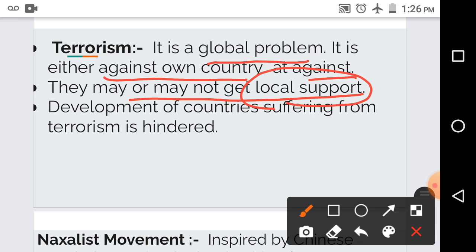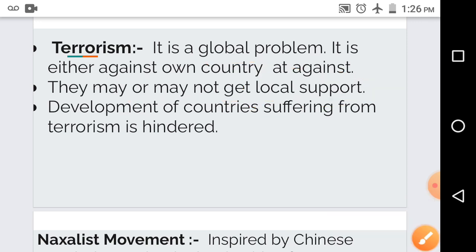Development of countries is suffering because of terrorism. Hence, these two problems, rebellion and terrorism, originate from local dissatisfaction, and there is no such restriction on terrorism. Today, India is fighting against internal rebellion and terrorism.